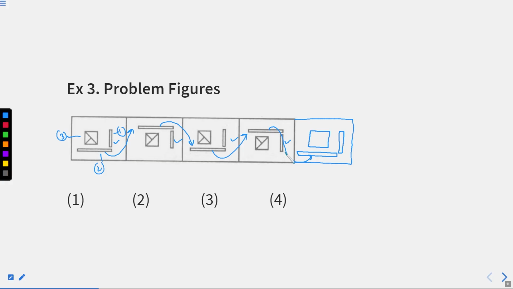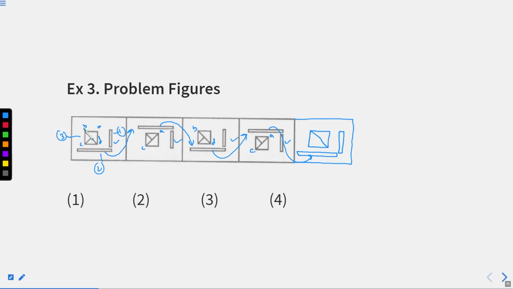Now if I mark this as A, B, C and D, initially the diagonal is BD, then the diagonal becomes AC, again BD, right? Here the diagonal is AC, here is BD, here again is AC, right? So here we'll get BD. So the diagonal will be in this position. I hope you got this part as well, right?